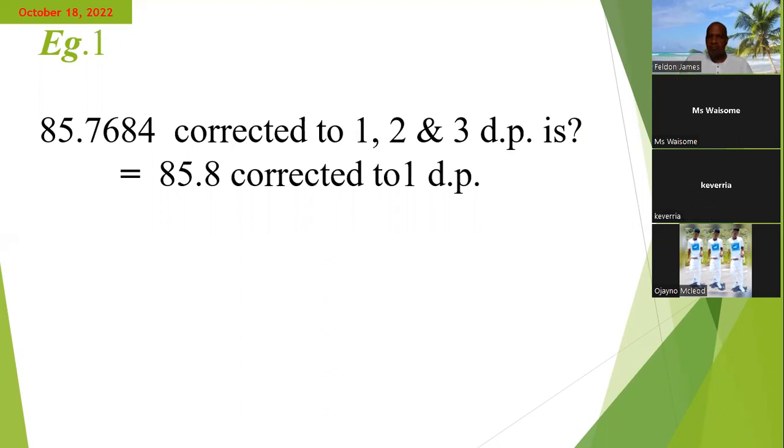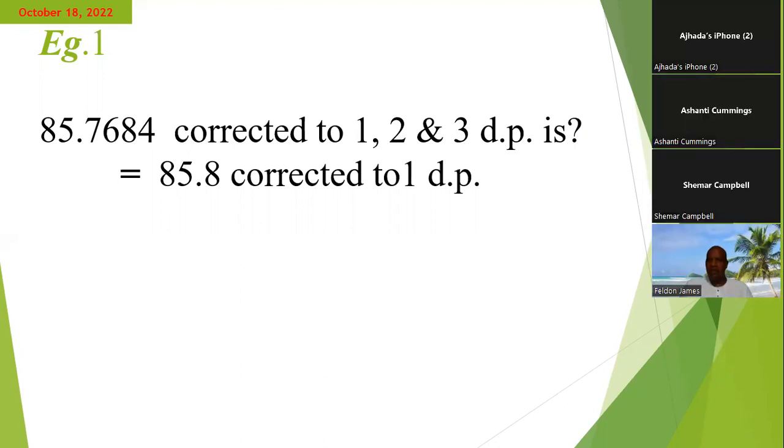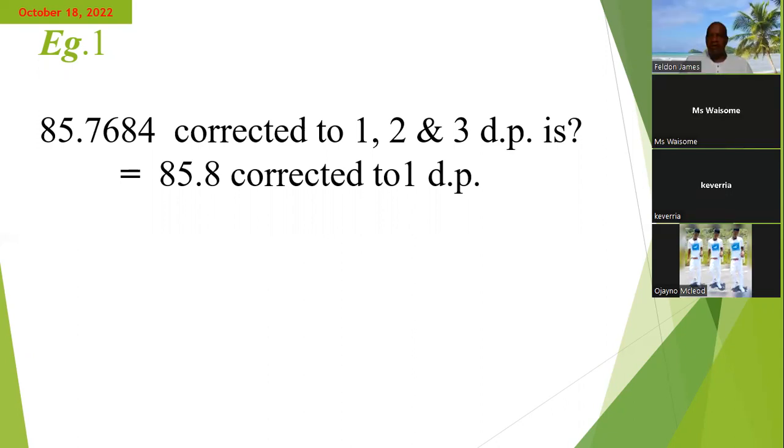Sir, 85.77. Anybody else agree with what Ms. Cabrera is saying? 85.77. Let me see the hands. Go ahead, Ms. Cabrera. You're making some correction there. No, sir, just the 85.7.